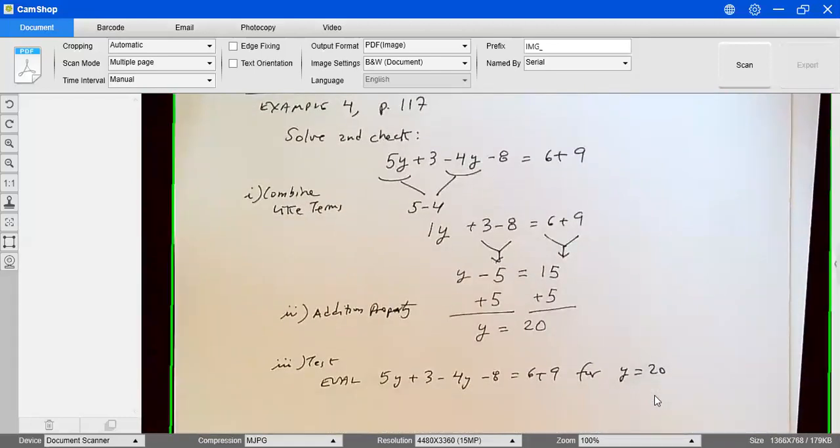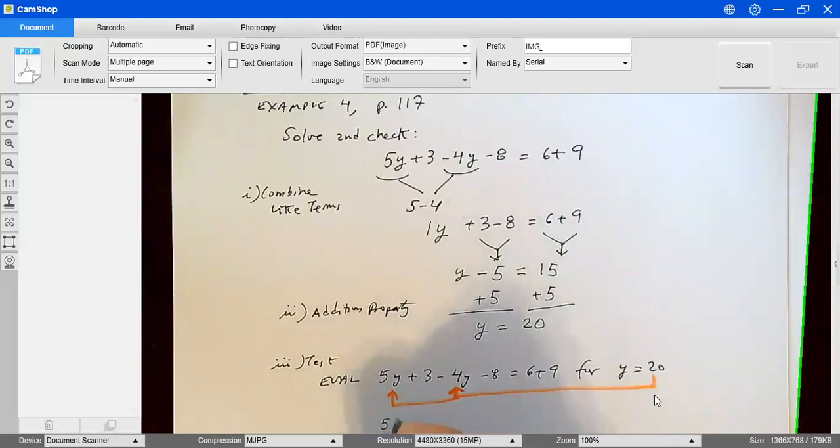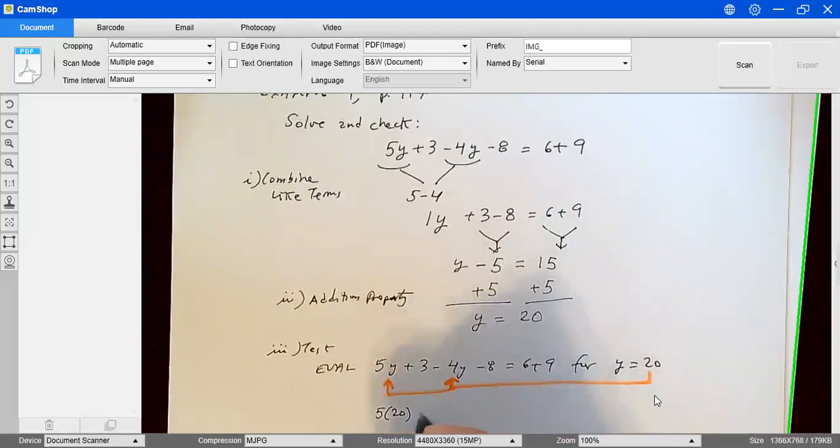So we're going to replace every y with 20. There are two places where we're going to do that. So we're going to have 5 times 20 plus 3 minus 4 times 20 minus 8, and this is equal to 6 plus 9.